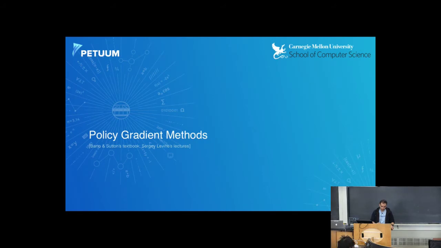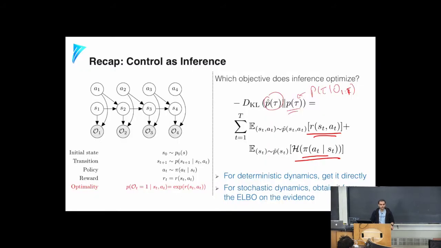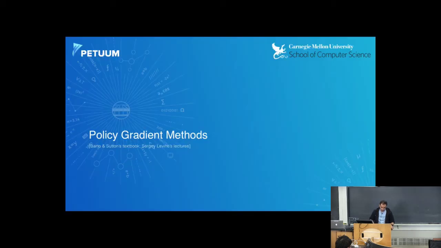Okay, so any questions about the quick recap so far? No questions. Cool. So now we're going to go into actually trying to figure out how we learn these policies by optimizing these objectives. In reinforcement learning, there's a class of methods called policy gradients.